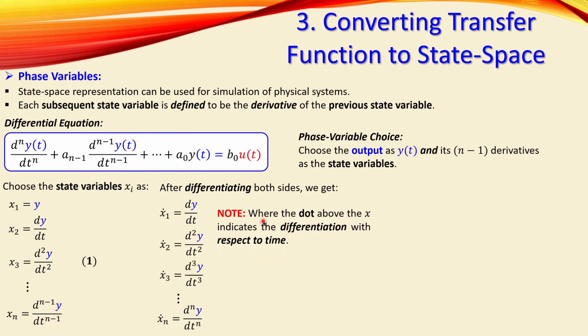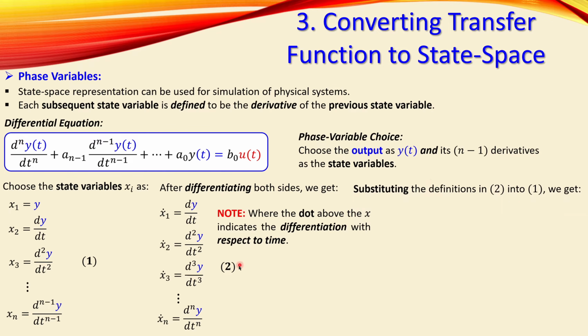Now note that the dot above the x indicates the differentiation with respect to time. This is a very short, nice shorthand notation, because we are a little bit tired of writing down constantly dy dt and d squared y dt squared, and it's very nice to have this, and we can just move on much faster. Let's also call it equation number 2.